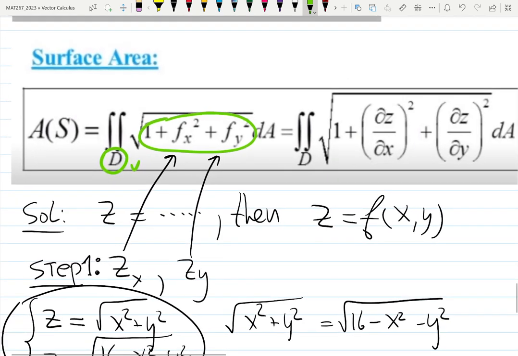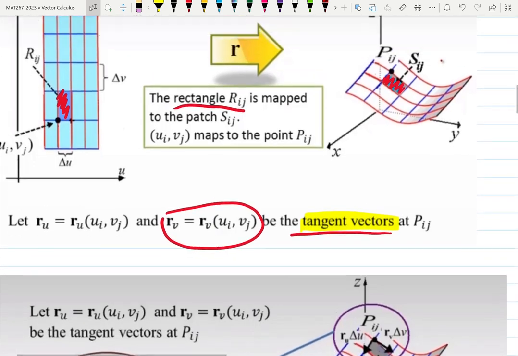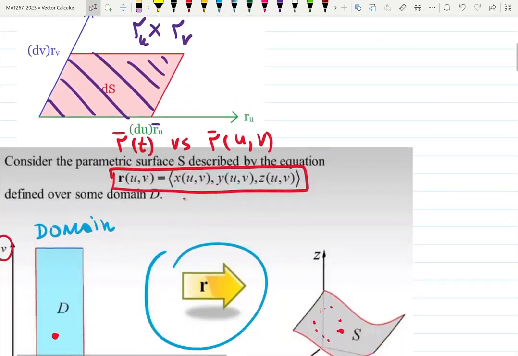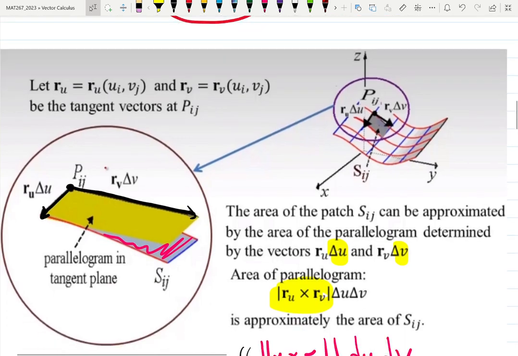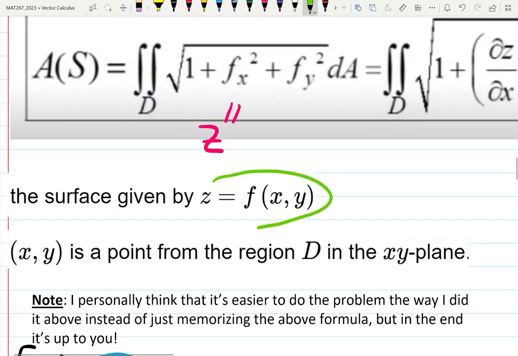Here it is. Actually, I have a nice explanation of all the variables this time. Surface area. Surface is given by, whatever is put down, we're going to be using the square root of 16 minus x squared minus y squared to take our derivatives with respect to x and with respect to y.